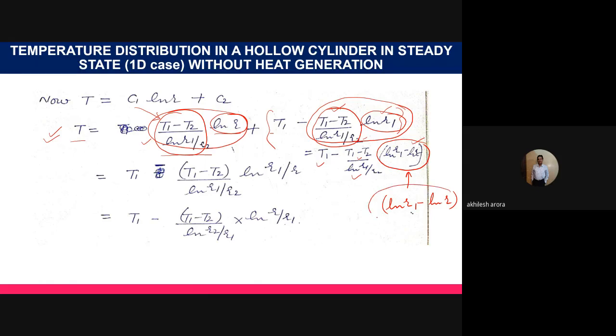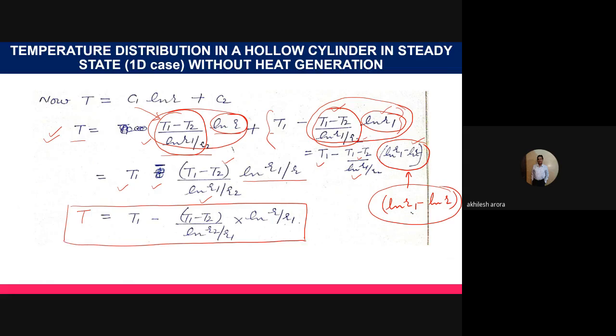So this is the clear expression. So finally we get T1 minus T2 divided by log of r1 by r2 into log natural r1 by r. So this is the final expression of the temperature distribution equation in case of a cylinder.